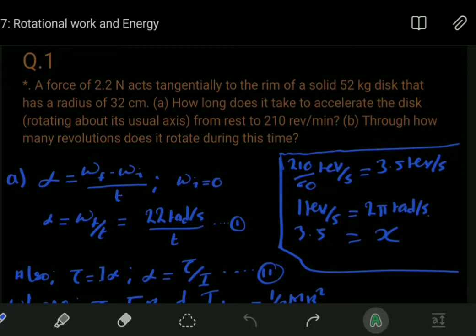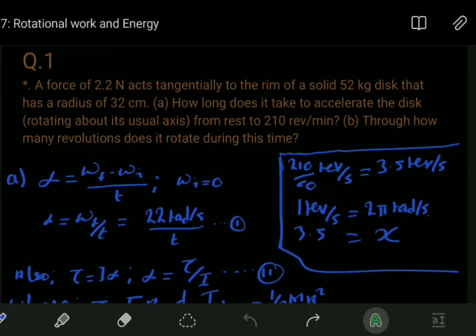Okay, so question 1 here, we want to find how long it takes for this rim to accelerate from rest to an angular speed of 210 revolutions per minute. And we also find the number of revolutions it makes during this time.